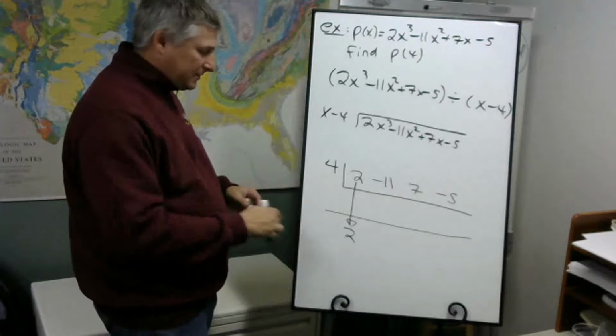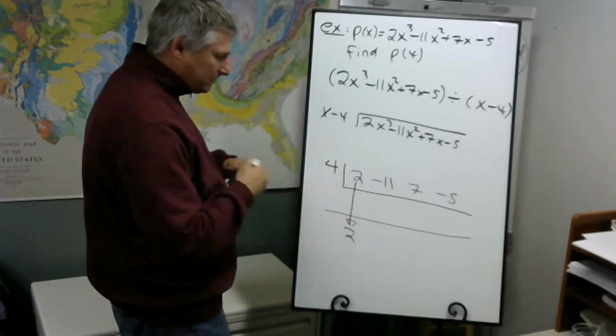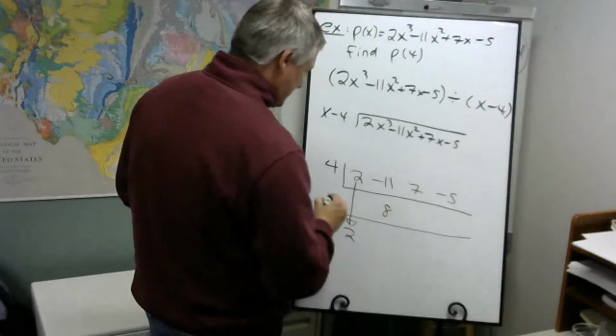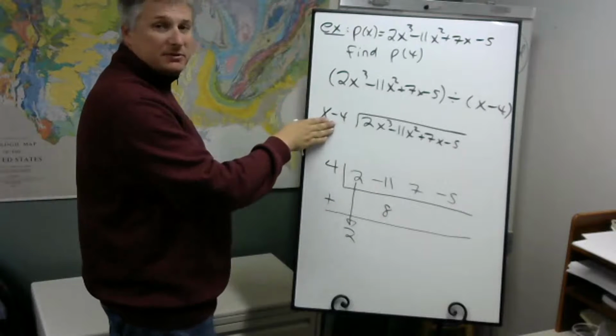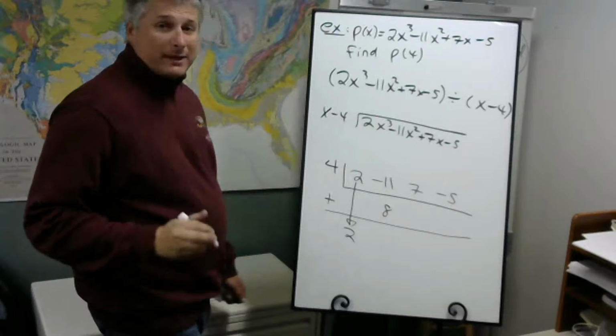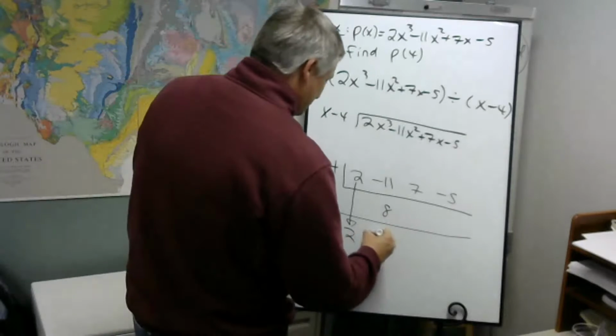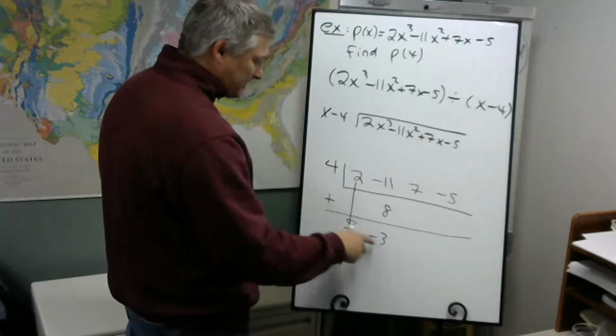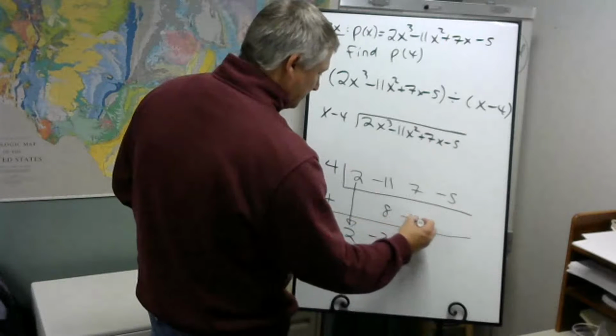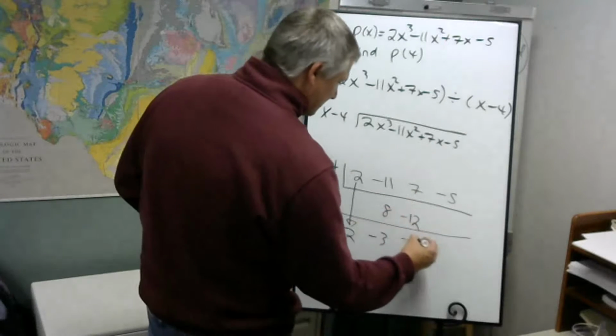And then we do our multiplication. 4 times 2 is 8. And we're always adding in this case, while with long division, we're going to be subtracting. Synthetic division, we add. So you have minus 3. And then 4 times minus 3 is negative 12. Add.